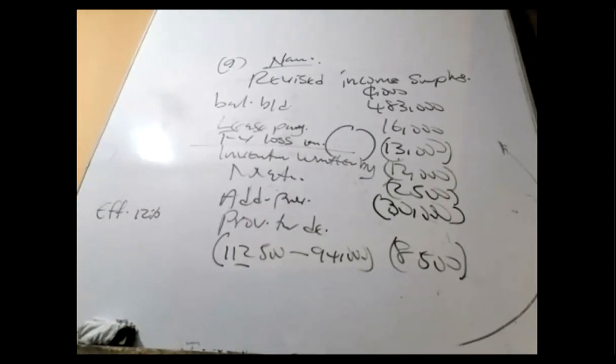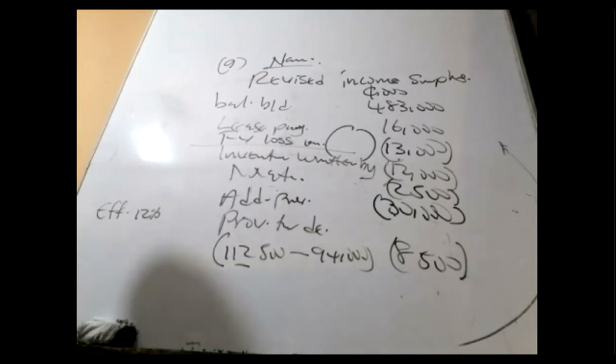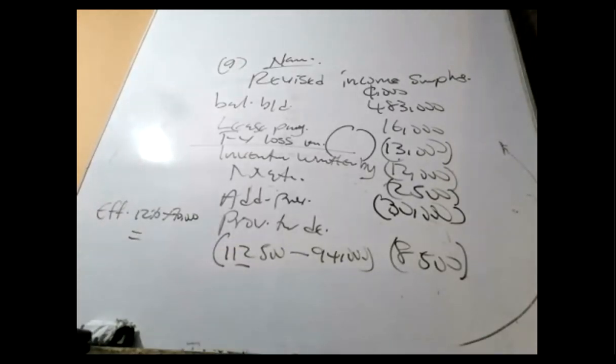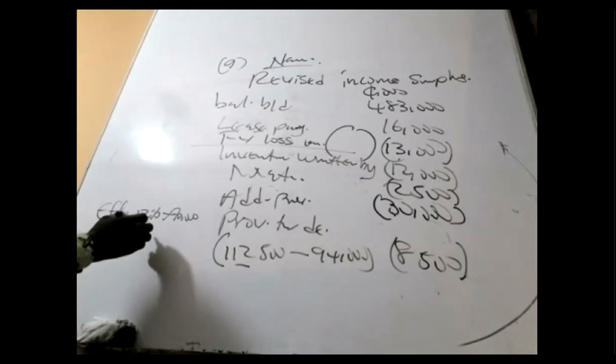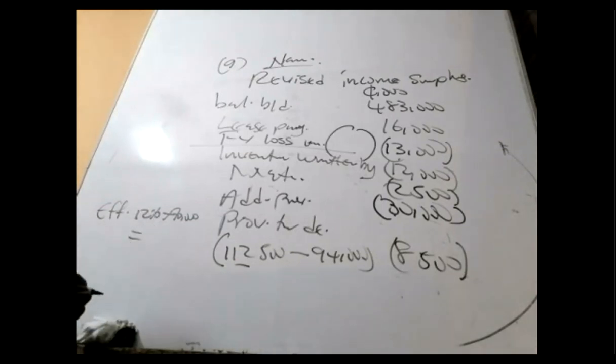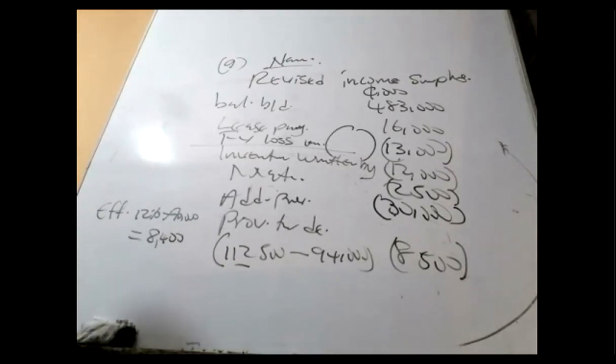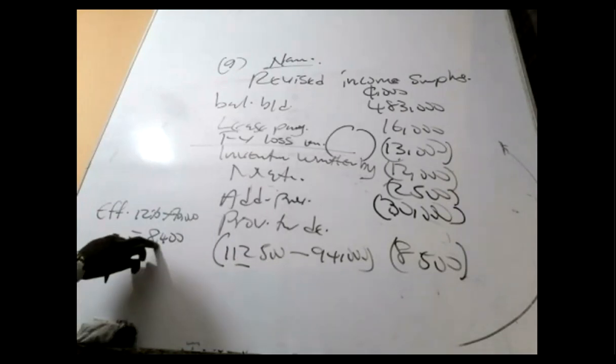So 12% times 70,000. That should be 8,400, right? 8,400.